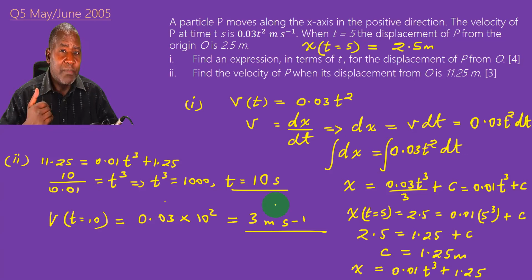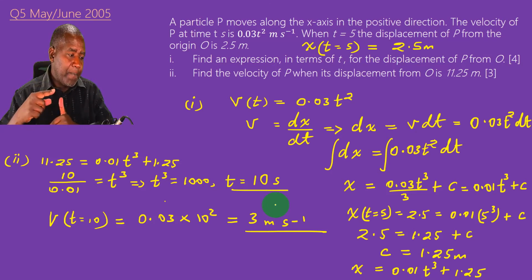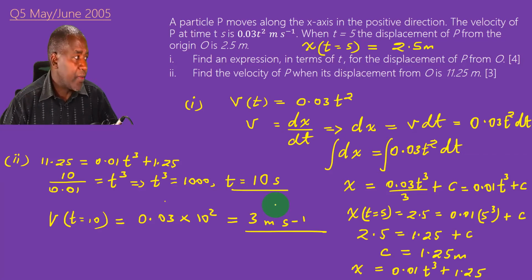That is why it is important to do these things slowly, and then you spend a lot of time on it. It helps you to really be able to understand certain key concepts in the subject. And with that, let's go to question 6.